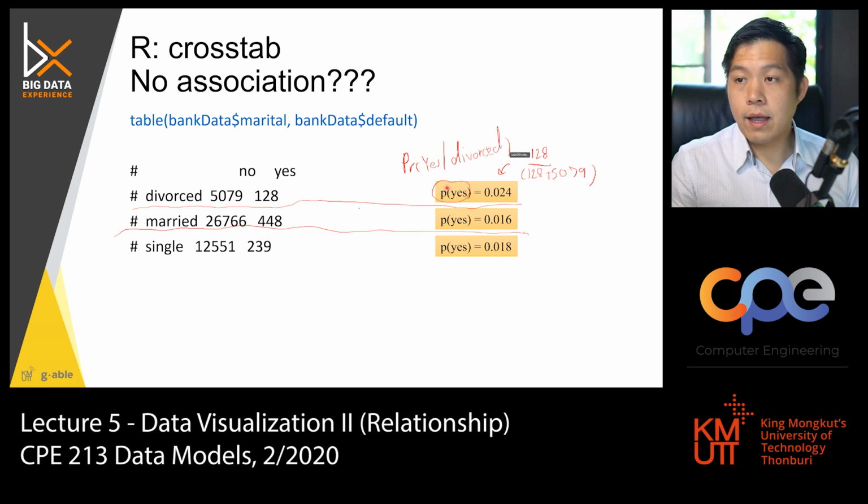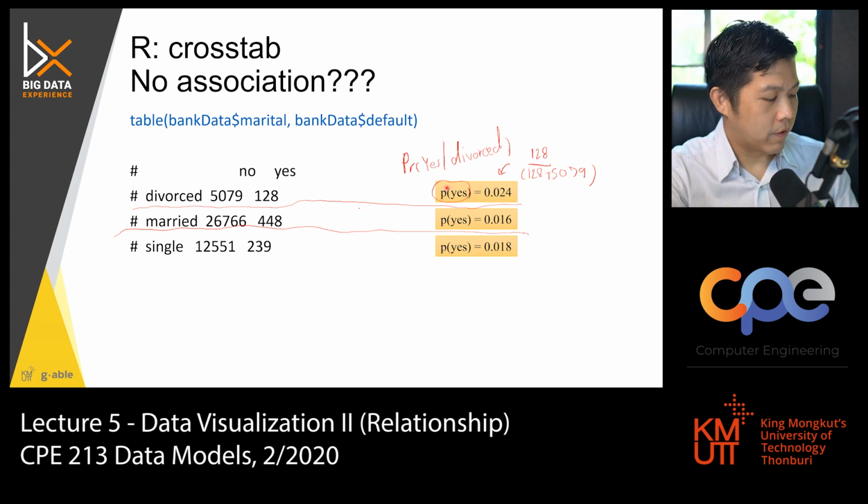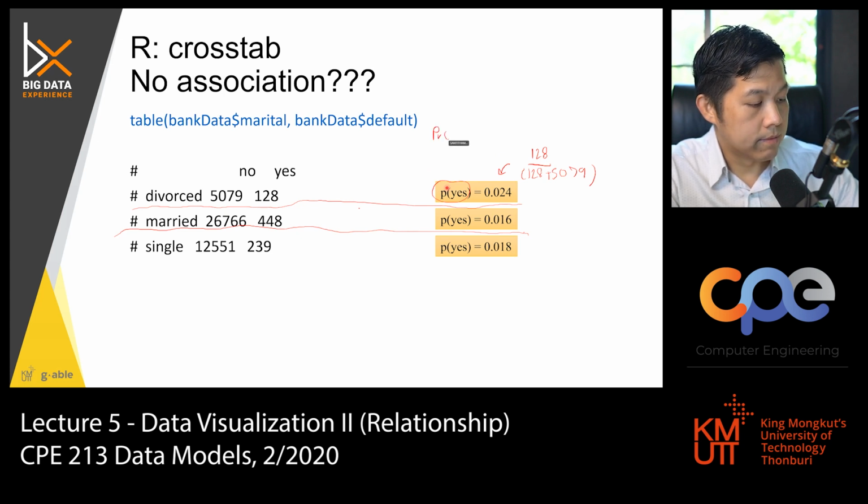This is a little bit shorthand though, because I didn't write the actual marital equal yes. So, let's write it in full instead of the shorthand. What I should write here is PR, y equal yes, given marital equal divorce.